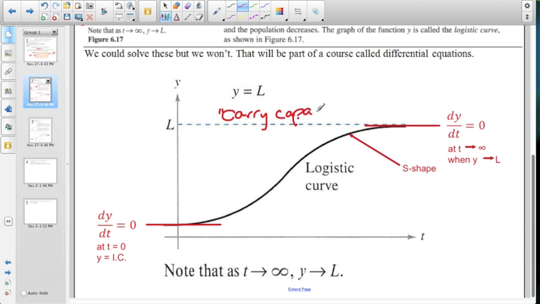You probably can see that the term capacity is appropriate because we're talking about an upper value here. So there's the carrying capacity or that asymptotic behavior, and then we have the initial condition down here. So there's that initial condition at t equals 0.